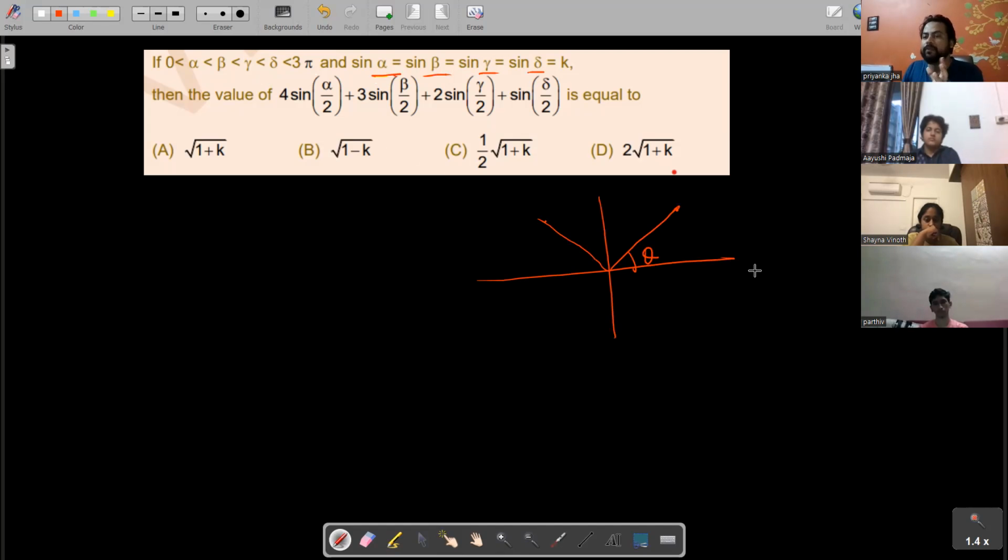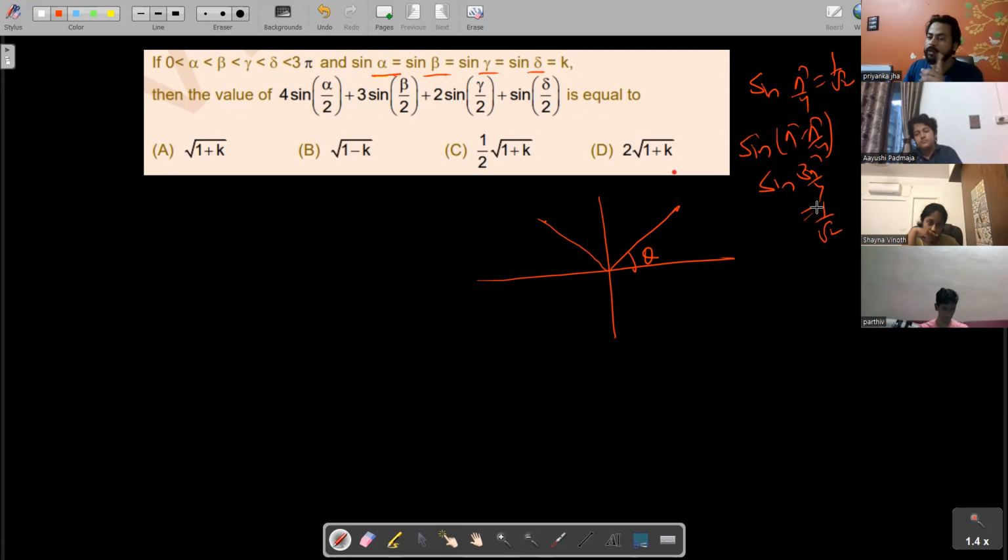Sine pi by 4 is how much? 1 by root 2. And in the second quadrant, it is pi minus pi by 4, that is sine 3 pi by 4. Again, you get the same thing, 1 by root 2, because sine is always positive in the first quadrant and second quadrant.